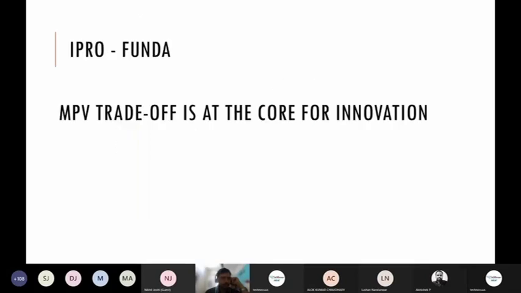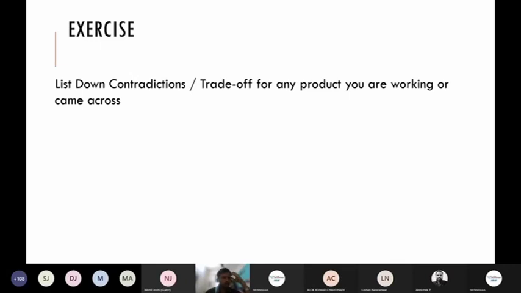Okay, MPV trade-off. Now I just want you to list down trade-offs or contradictions. Generally we use the term contradictions. That's what the literature says, and I'll not deviate. So just list down for any product you are working on or coming across.